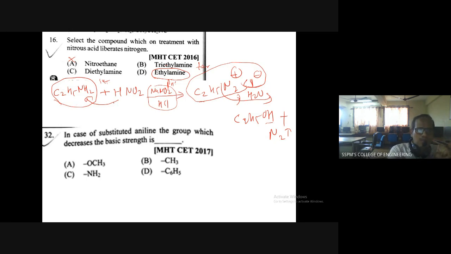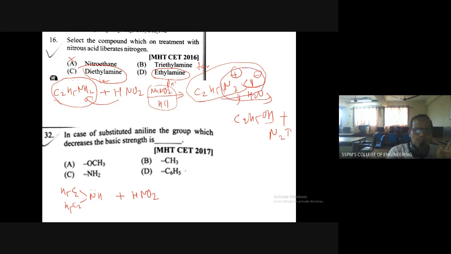Now if it is a secondary amine, that is diethylamine, diethylamine is a secondary amine. In diethylamine, two hydrogens of nitrogen are replaced by ethyl groups, C2H5, C2H5. So one hydrogen is still there, and also a lone pair. So this is the secondary amine, diethylamine. In this case, when we add HNO2, there is no formation of the N2Cl compound.